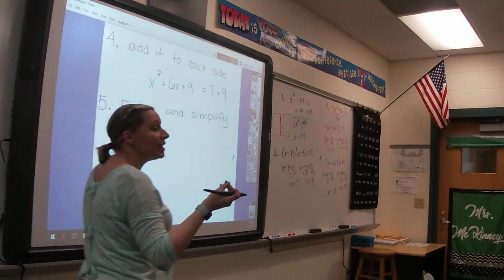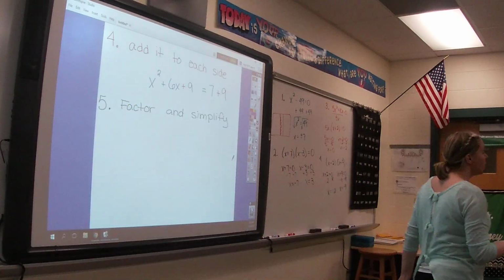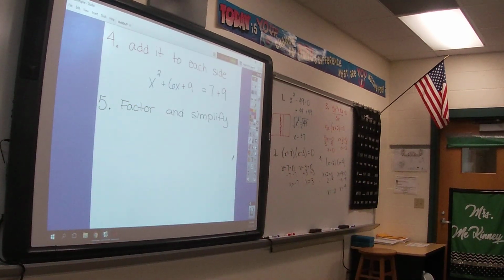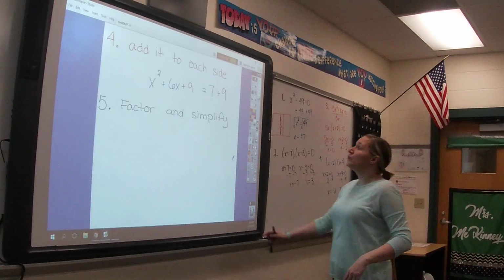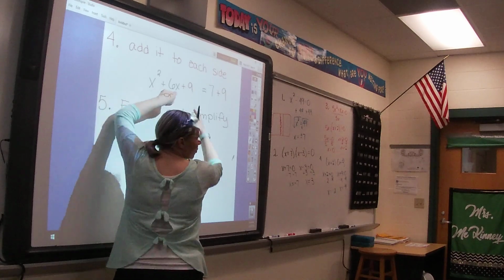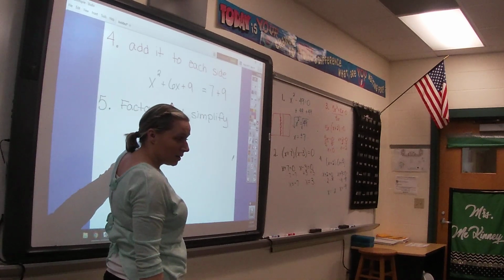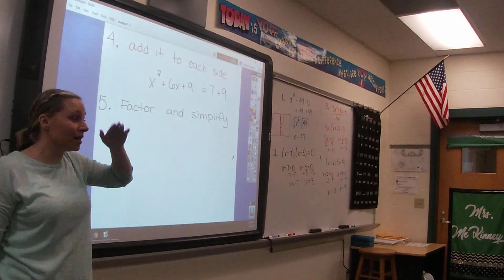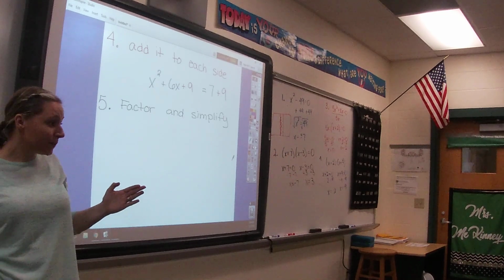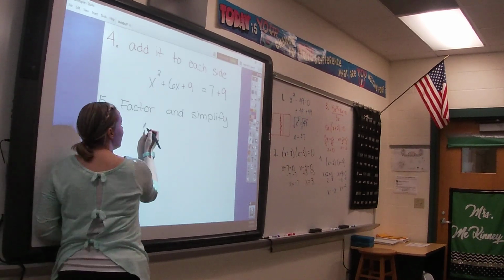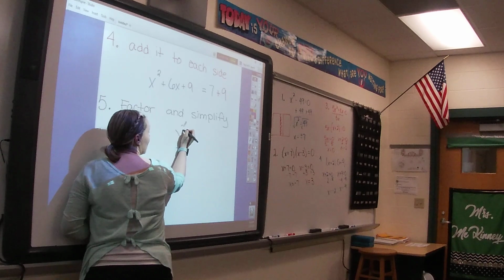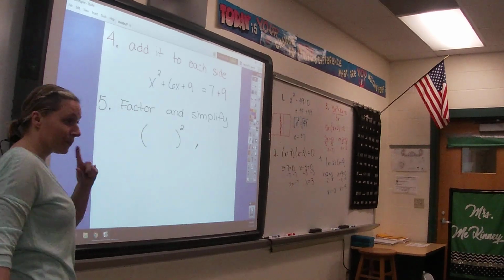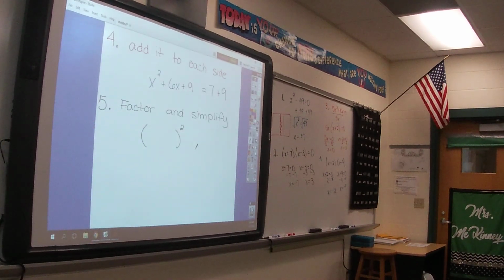If you learn what's actually happening and you understand what's actually happening, you won't have to ever factor, because we forced this to be a perfect square. A perfect square is a number times itself, which we can write with an exponent of 2. Agreed?